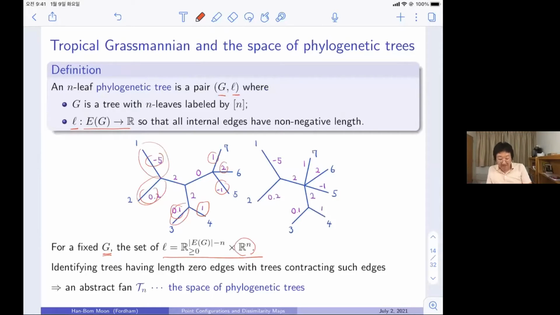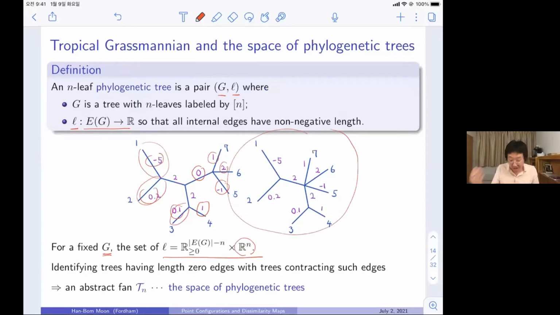Then for each tree, we have a cone. We are going to glue a lot of different cones by identifying trees having a length 0 edge, like this example. Then we are going to contract the length 0 edge. Then we can obtain a new tree, something like this.